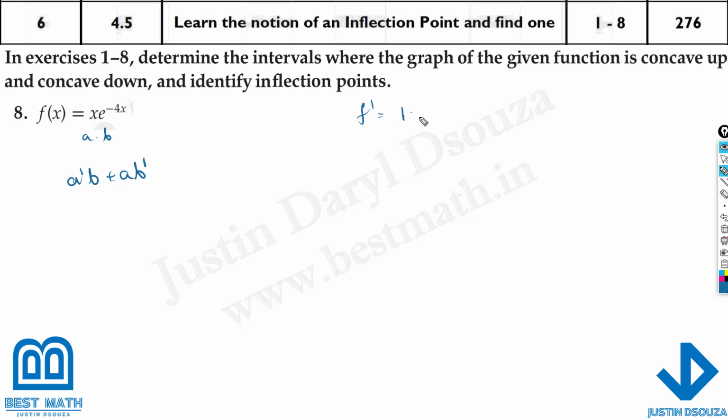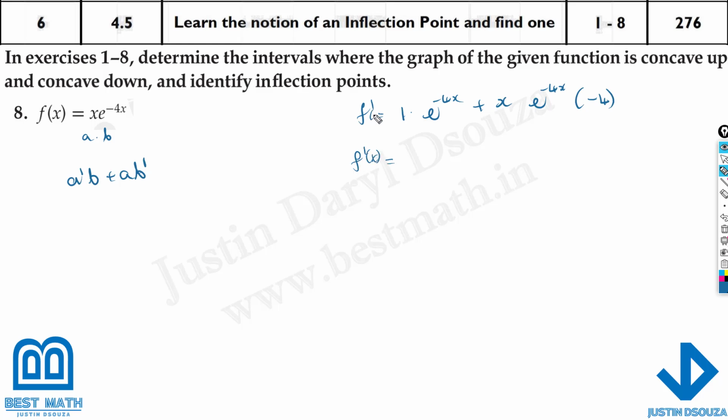So x derivative is 1, e to the power minus 4x, plus we have to write x as it is, because first time we derived x, that was 1. Now second time we write x as it is and derive b. It'll be e to the power minus 4x itself, but don't forget the chain rule. Whatever is up, we also derive that. It'll be minus 4.